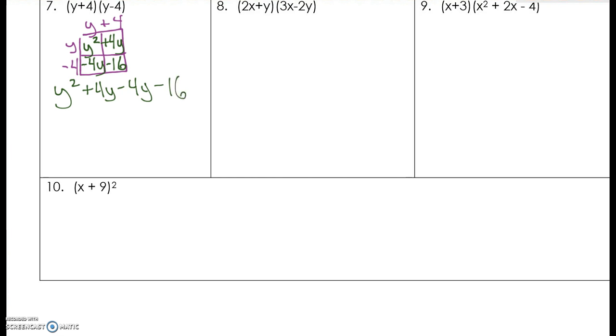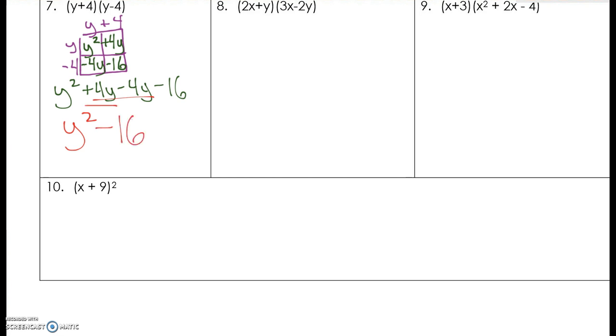And once again, you see that those middle terms are able to be combined into one term. And in this case, they equal 0, which means I don't need to include that term in the final answer.